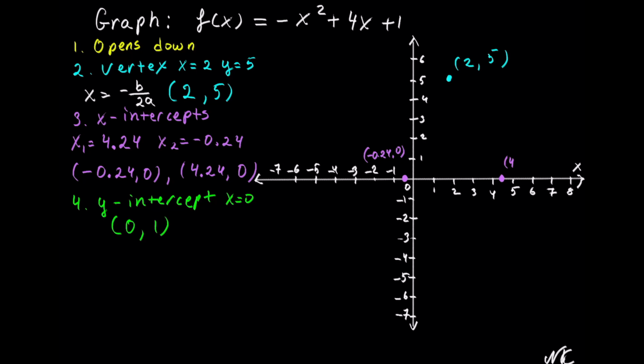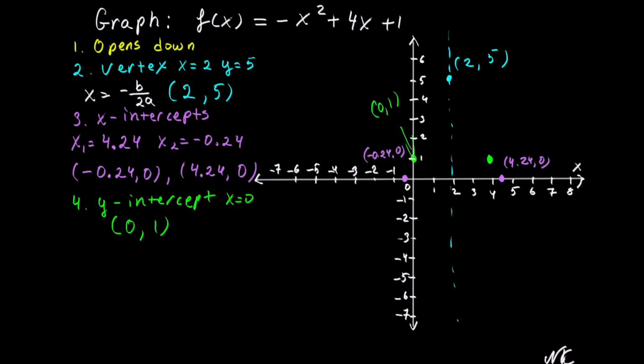We have the y-intercept at x equals 0 and y equals 1. So here's our y-intercept. Since the vertex, or x equals 2, is the axis of symmetry for the parabola, at (4, 1) we should have a mirror point for the y-intercept.